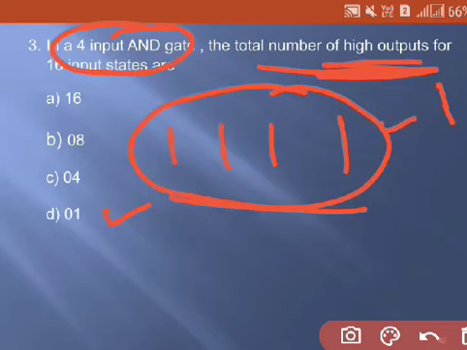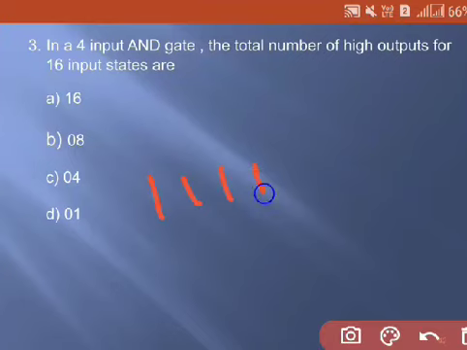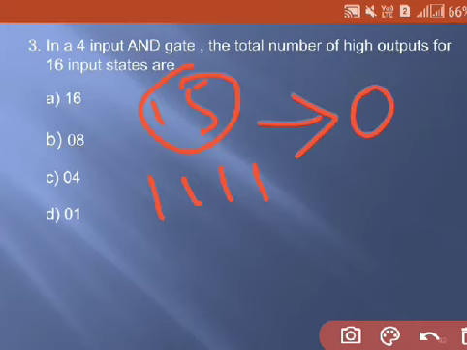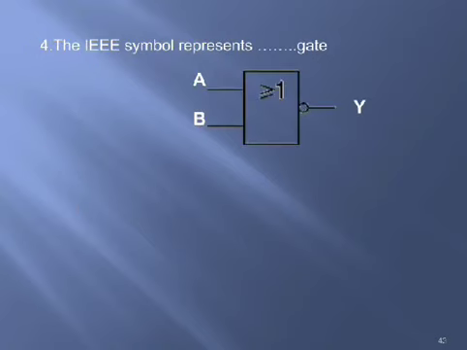The total number of high outputs for 16 input states is only one, and that input combination happens to be all ones. For all the remaining 15 combinations, you will get the output of the AND gate as logic 0.